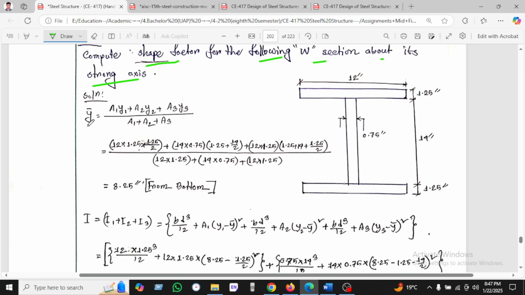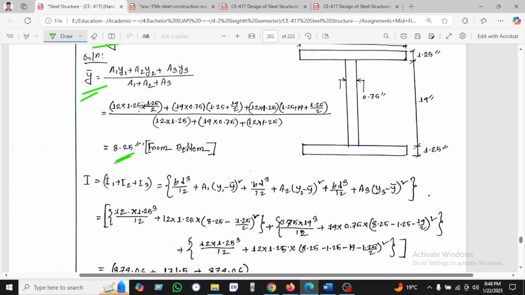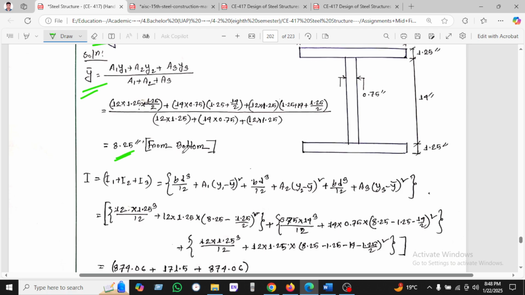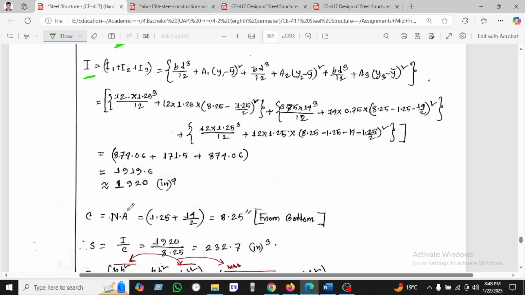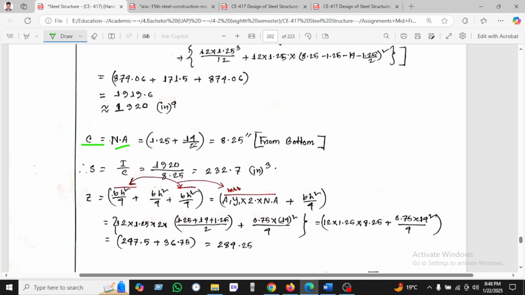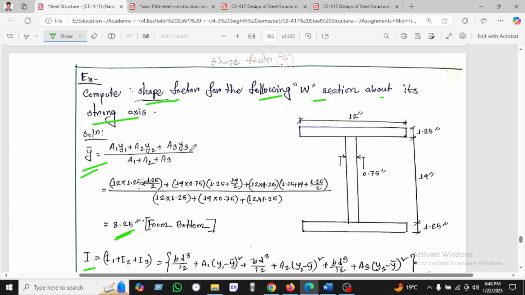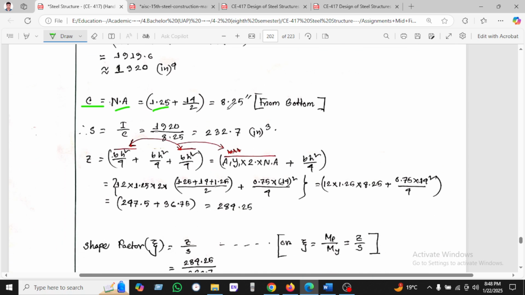We find y bar: (A1 y1 + A2 y2 + A3 y3) divided by (A1 + A2 + A3), with the CG measured from the bottom. We take the I value, which is the sum of all sections I1 plus I2 plus I3, and C will be the neutral axis: 1.25 into 14 into 2, and 14 divided by 2. The section modulus, I by C, we found 3.7.